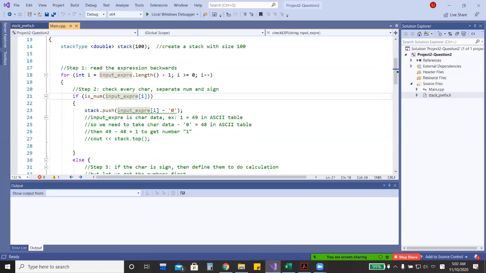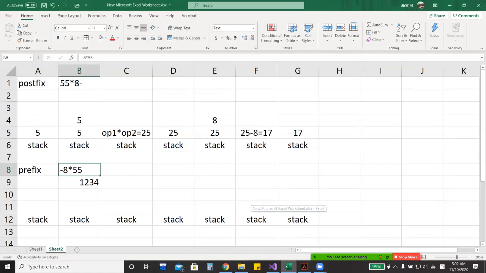True will pass. Then I will push my 5 into the stack. But remember, this expression is a string, so my 5 is a character.